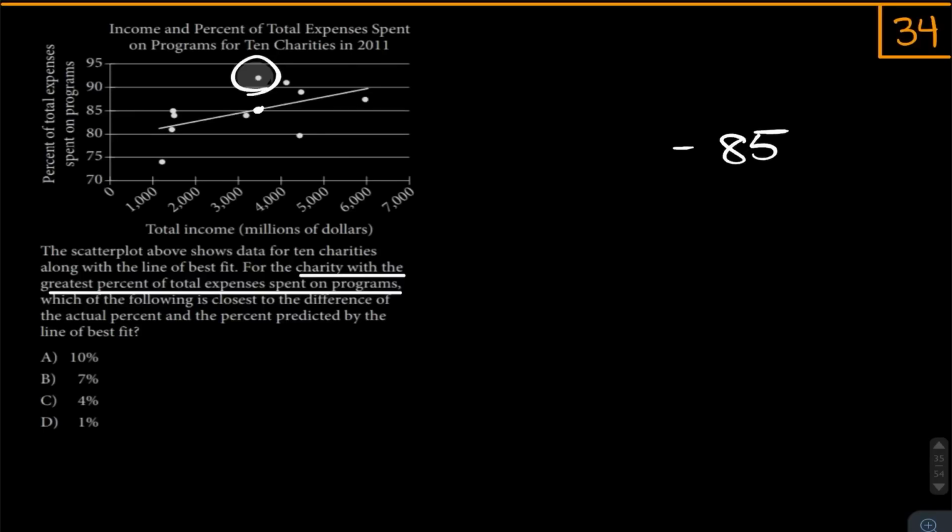What was this guy up here? Well, it looks like 92, around there. And if you actually go and find their difference, subtract them, you get how far off this line of best fit is from the actual value: 92 minus 85 is 7, and so 7% would be your answer here.